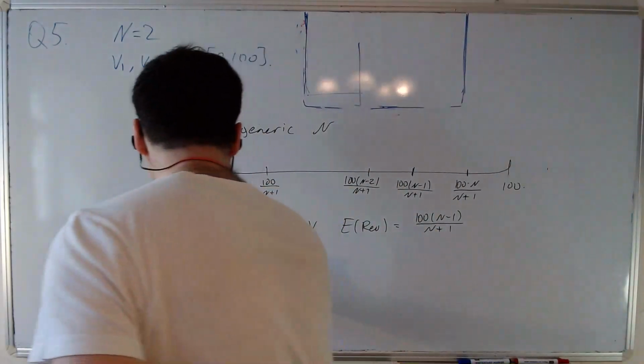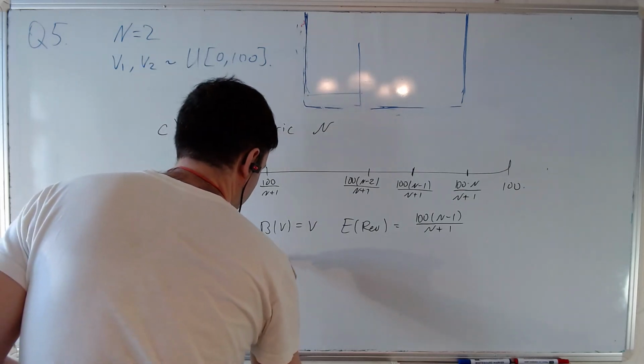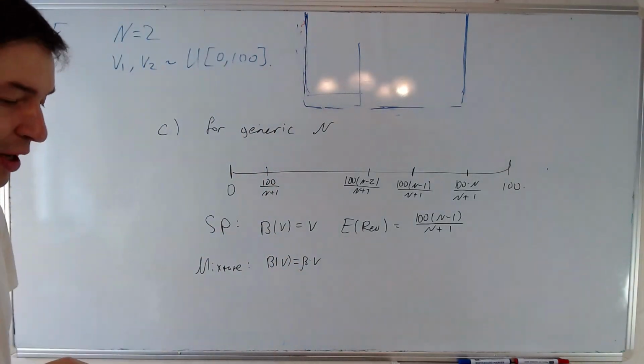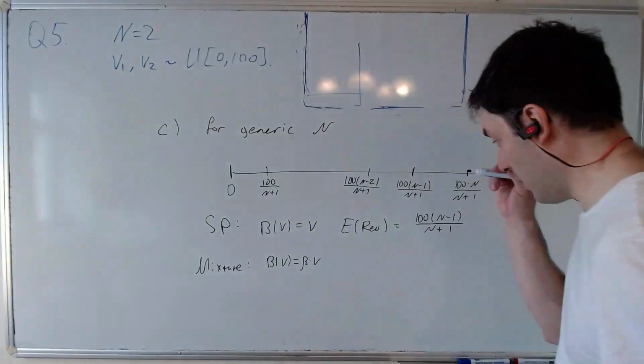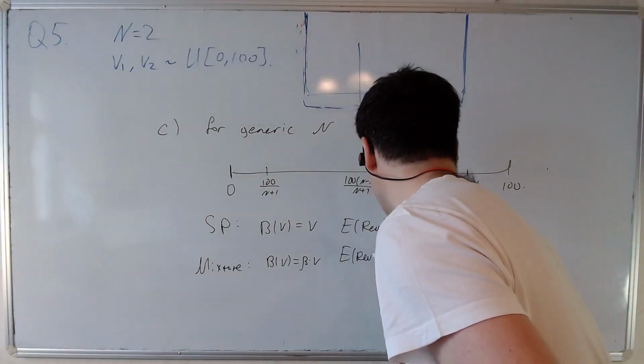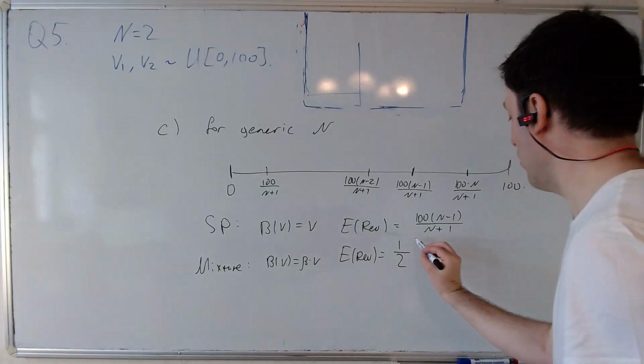Now let's do the mixture. In a mixture, bidders bid some fraction of their value. We don't know what this fraction is, but we will keep it as a parameter for now. Then our expected revenue will be the arithmetic average of two things.